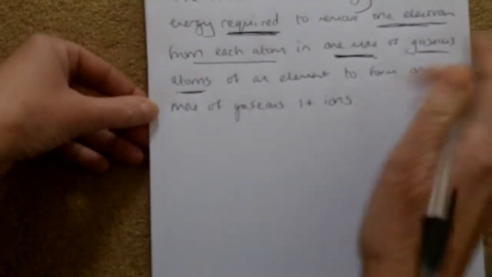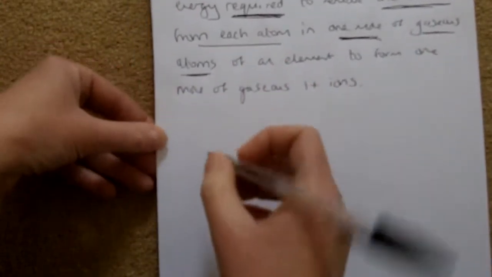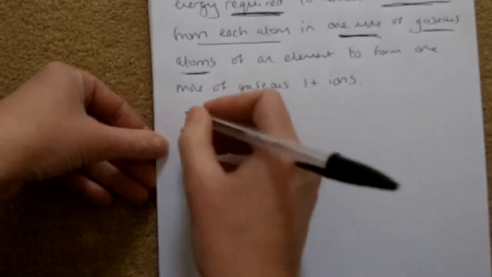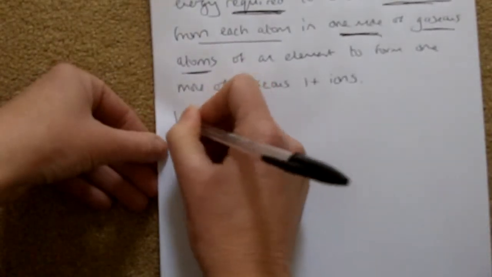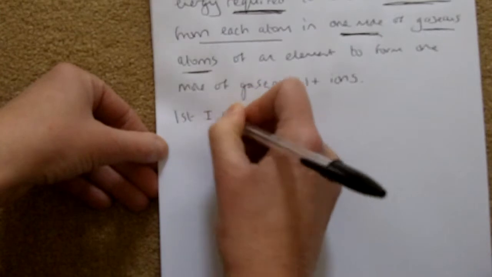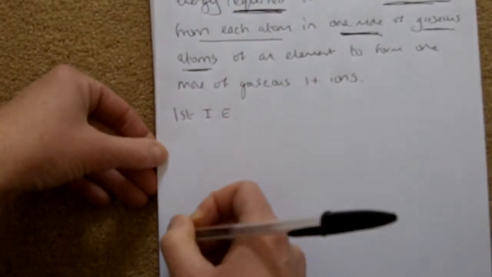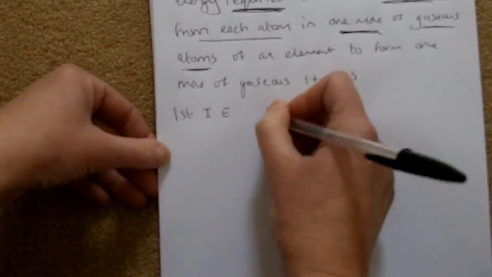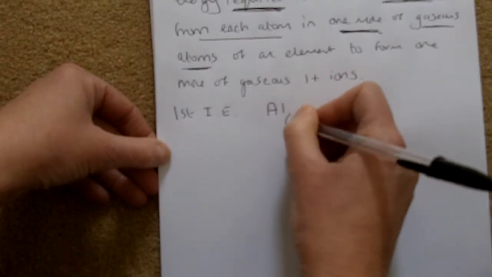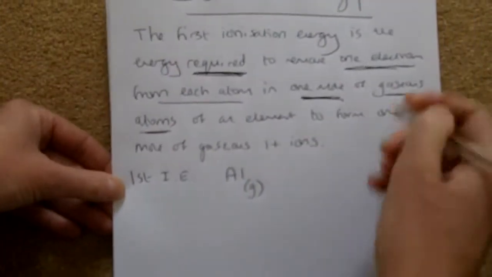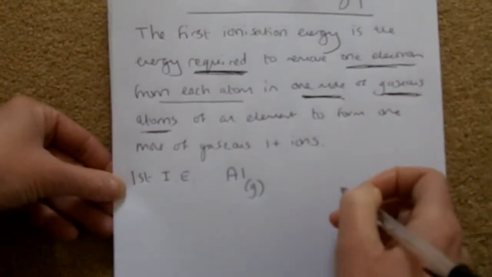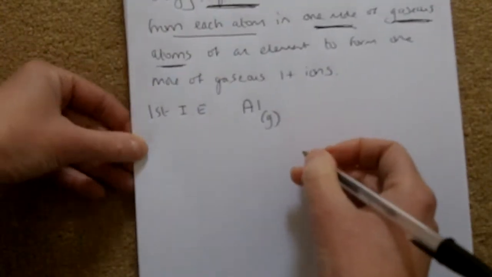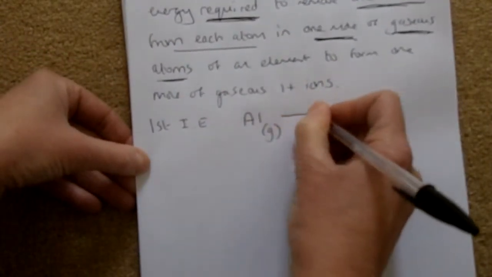If we take an example like aluminium, if you are asked to write an equation to represent the first ionization energy, IE, of aluminium, you go, well, aluminium has to be in the gaseous state for this to be correct. We're going to remove 1 electron.